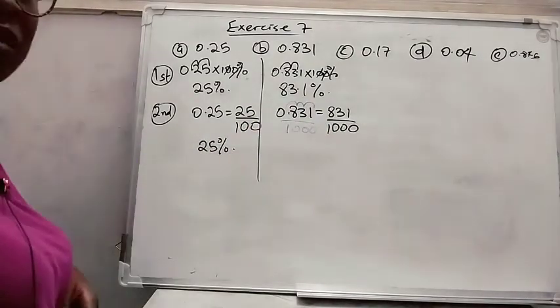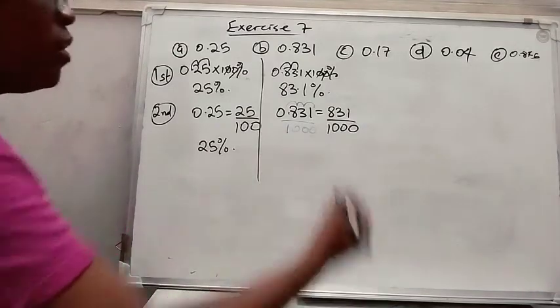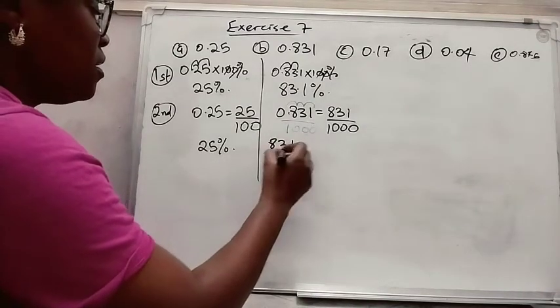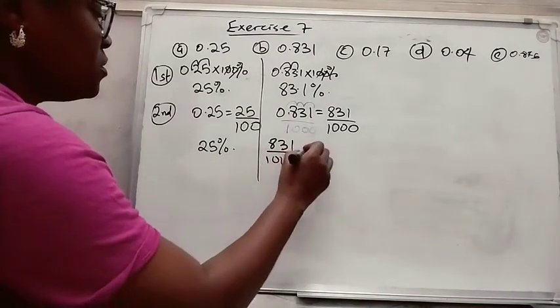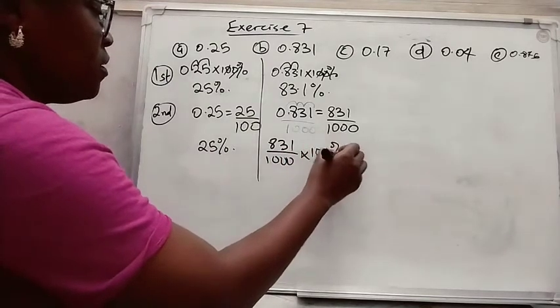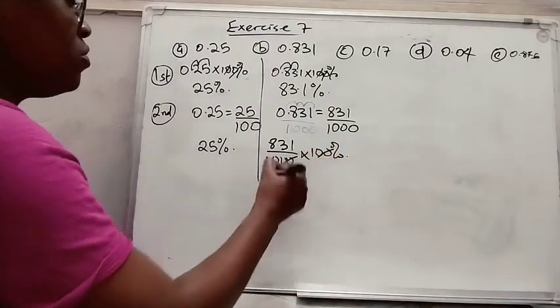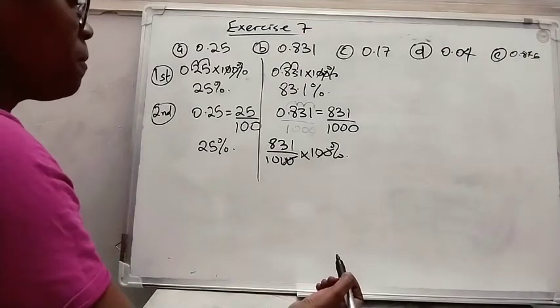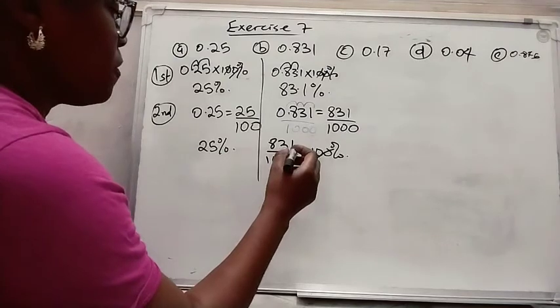Okay, so let's move on with our second method. So we'll say 831 over 1000 times 100%.